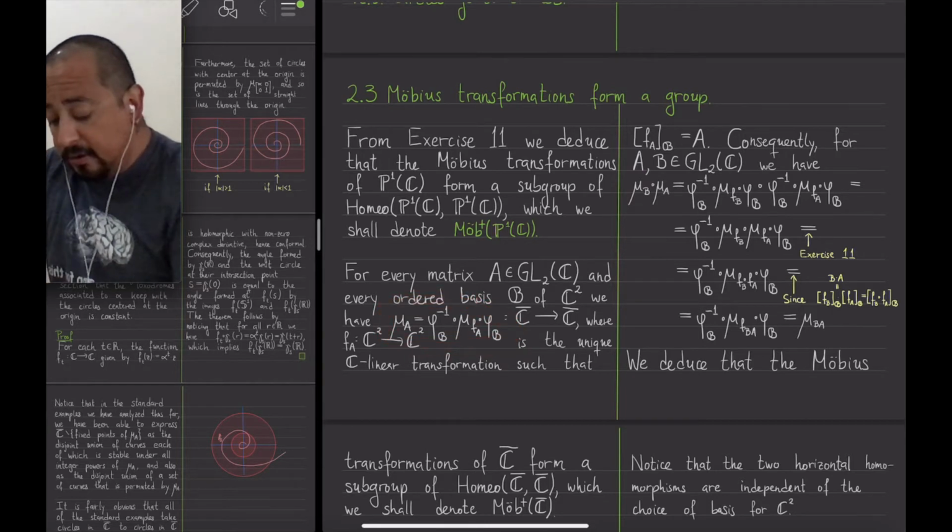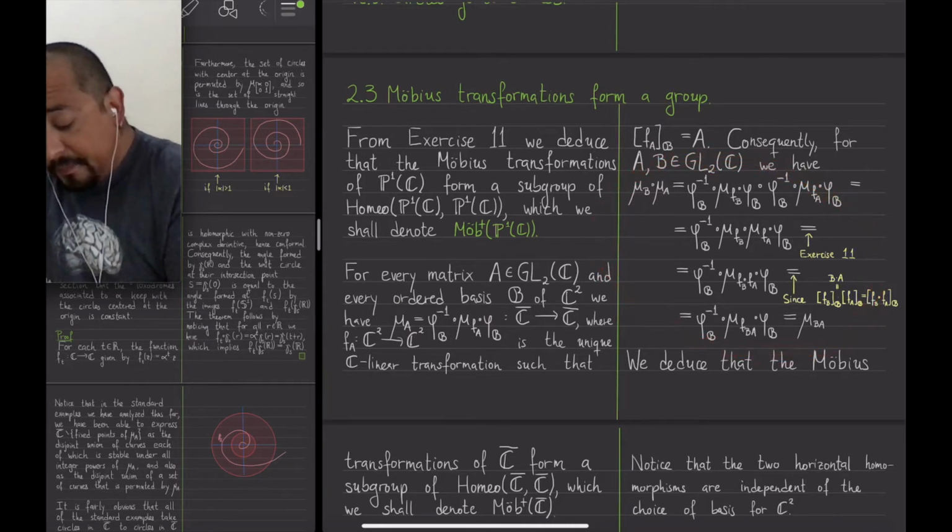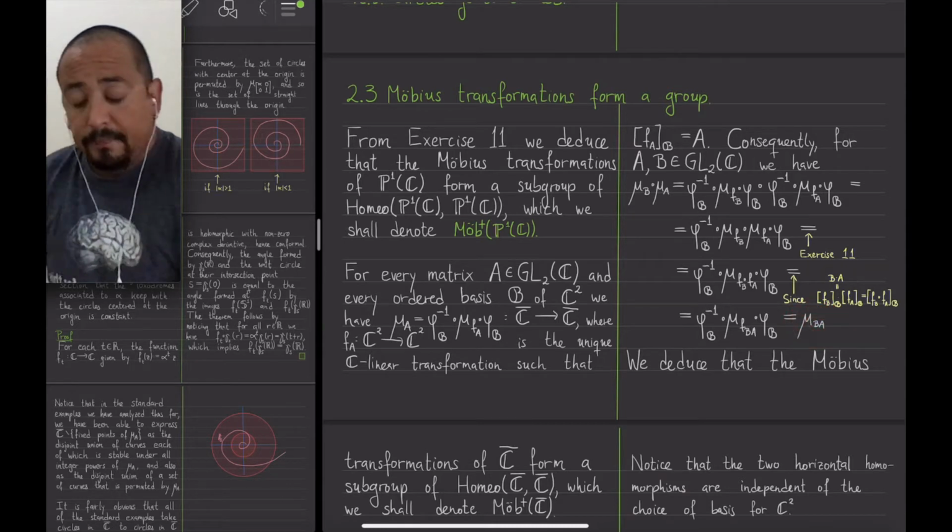And then just using this relation, one can perform a computation and show that the composition of the Möbius transformations associated to two matrices is equal to the Möbius transformation associated to the product of the matrices.